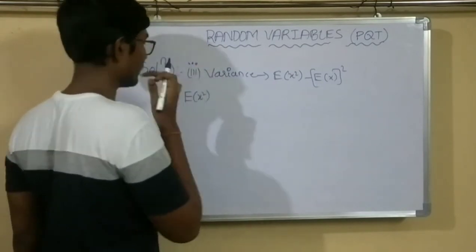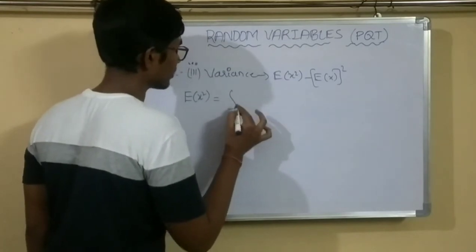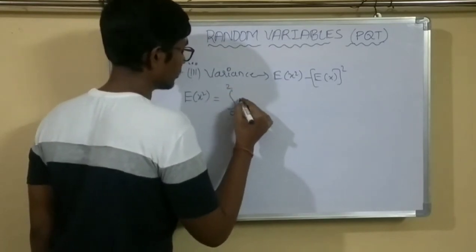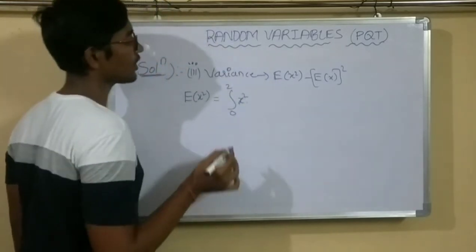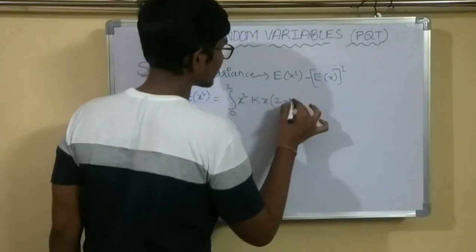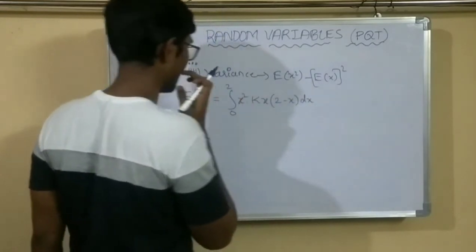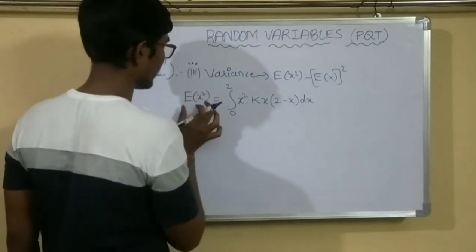So I am going to find the value of expectation of x square. So E of x square equals integral, the limits are 0 to 2, of x square into f of x. What is the f of x given in the question? It is kx into 2 minus x dx, right? So now if we simplify this, we will get the value of expectation of x square.